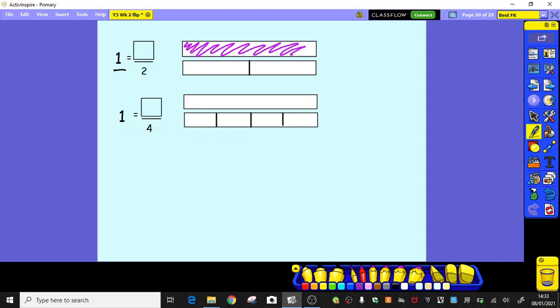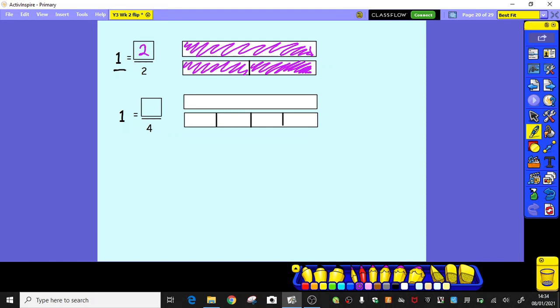One whole is equal to, or equivalent to, or the same as how many halves? Our whole thing has been split into 2 equal parts, so that's 1 part, 2 parts. So 1 whole is equivalent to 2 halves.